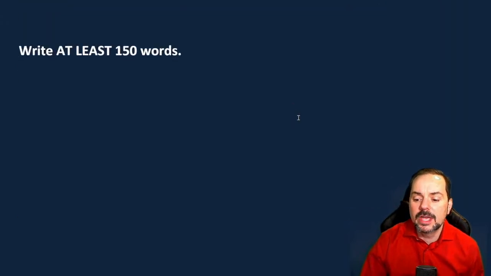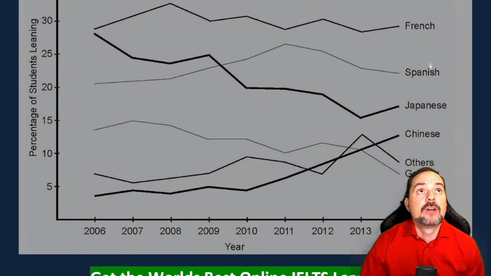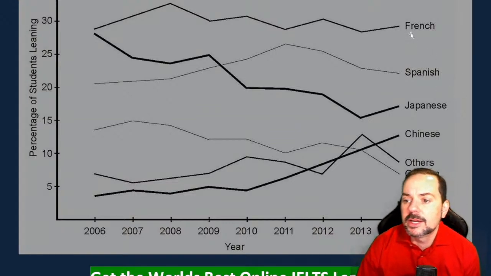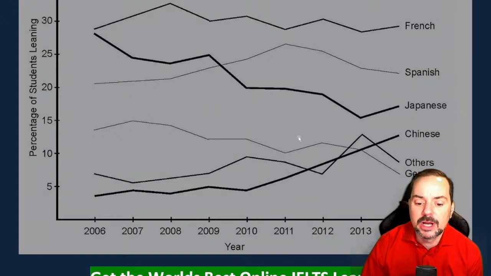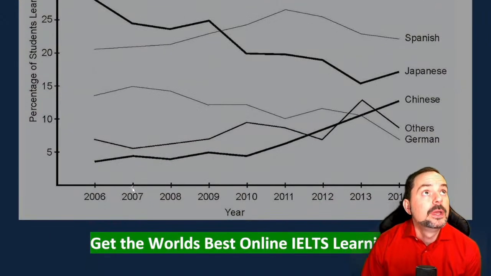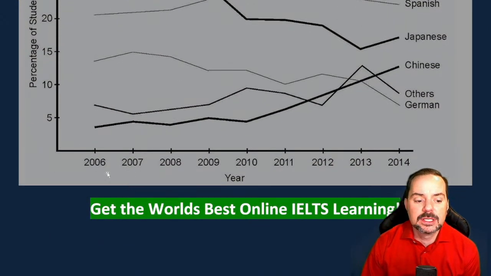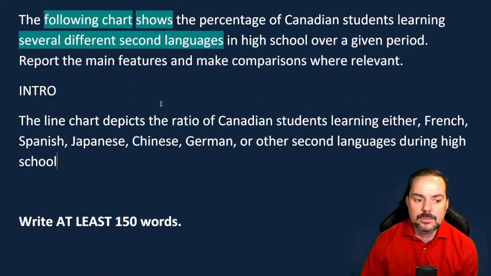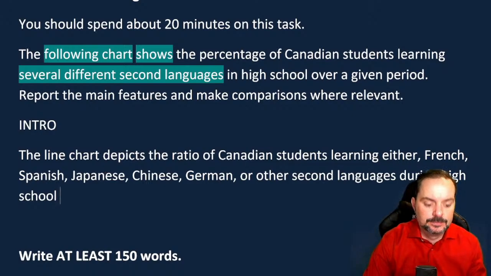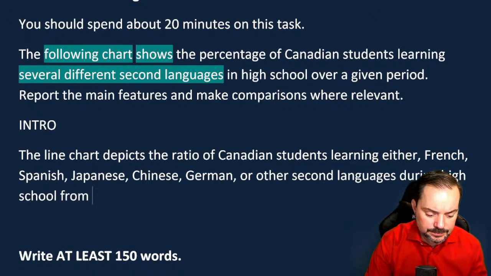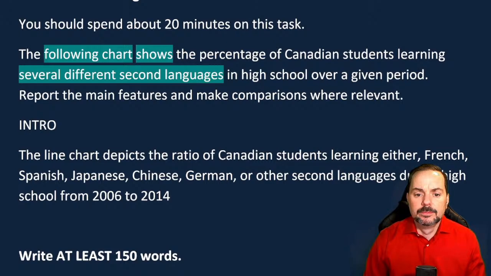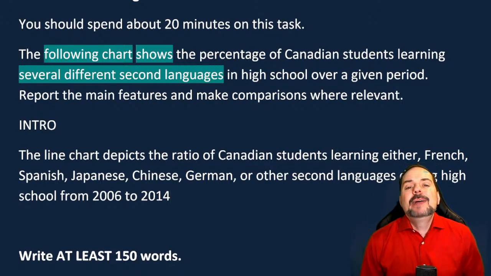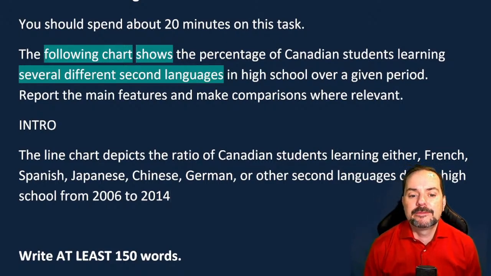Okay, so again, I'm just using the data here from the line graph. So French, Spanish, Japanese, Chinese, German, other in high school from 2006 to 2014. So it's my introduction, and as you can see, I'm already interpreting the information.